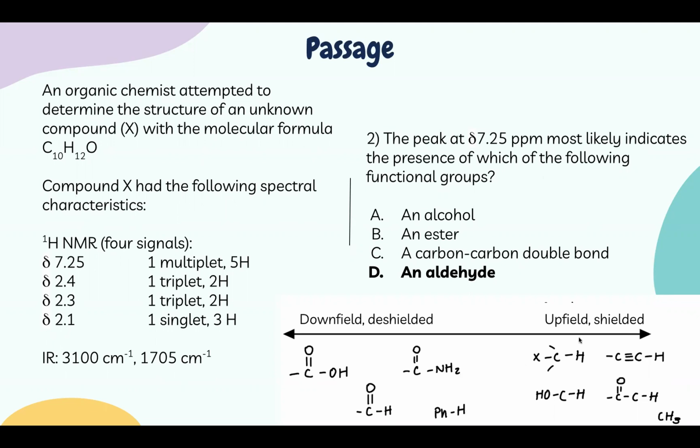The functional groups that cause shielding are alcohols, esters, and the carbon-carbon double bond. So out of the possible answer choices, ester can be eliminated because we already eliminated that. But D, aldehyde, would be our next best choice because it causes deshielding.